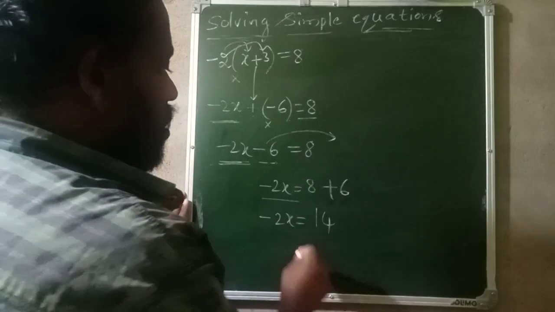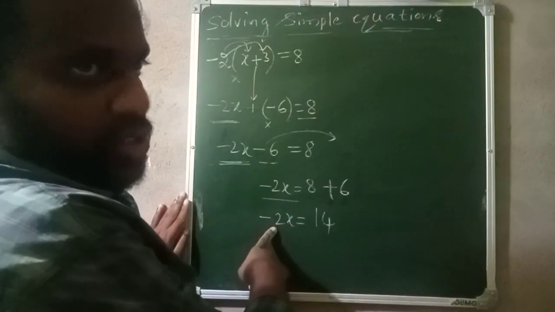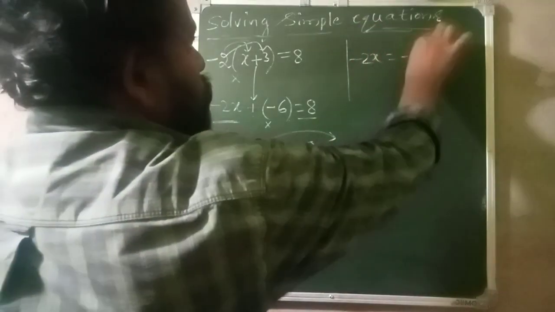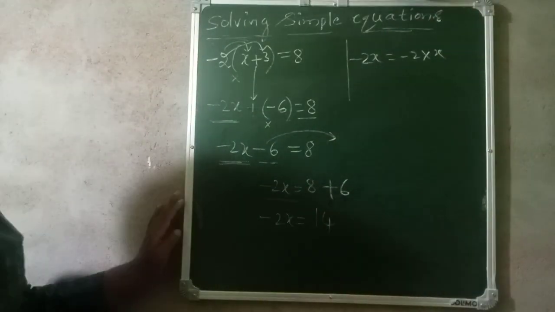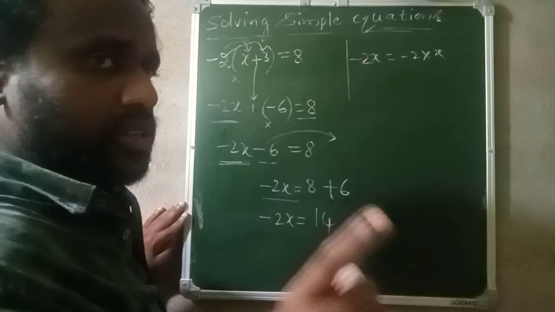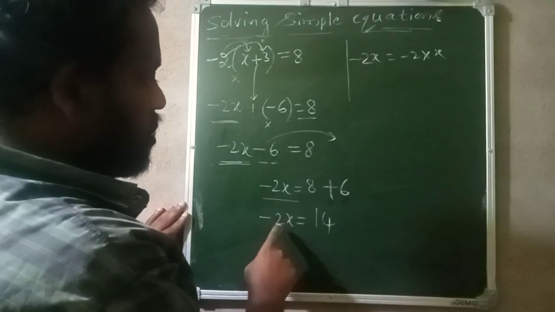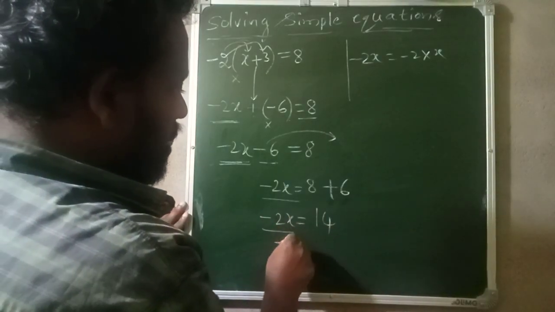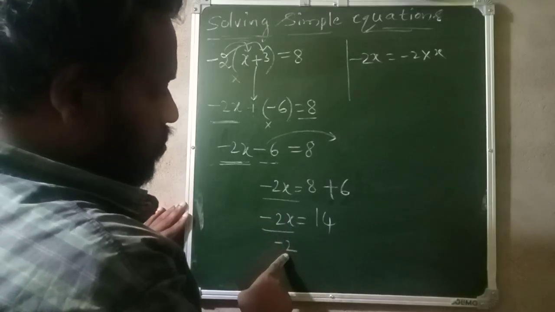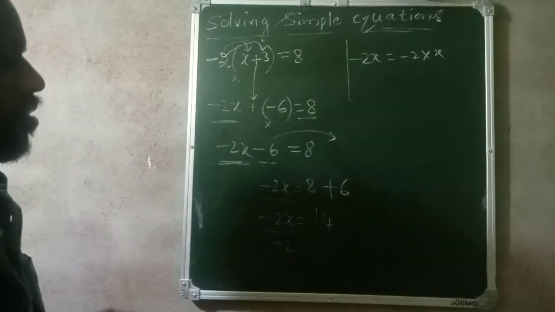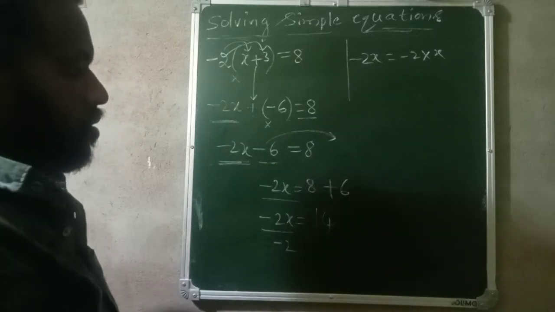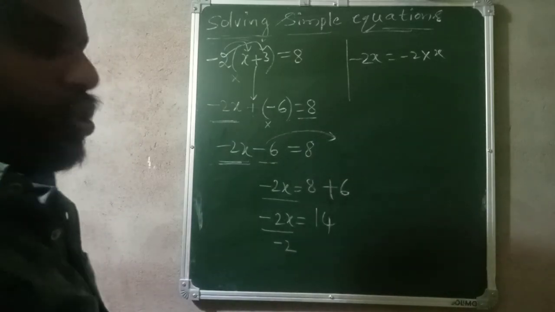And now we want x, so we don't want minus 2. See, minus 2x is like minus 2 into x. I mean between minus 2 and x there is an into. Because of into, to remove this minus 2 you can divide by minus 2. Same minus 2 you can divide here. Why am I dividing?